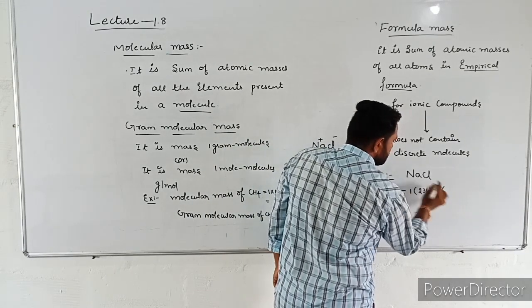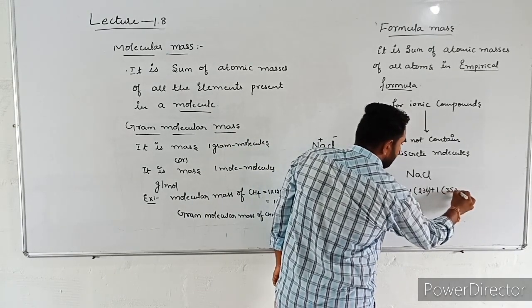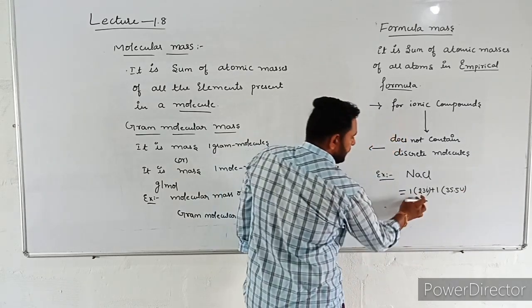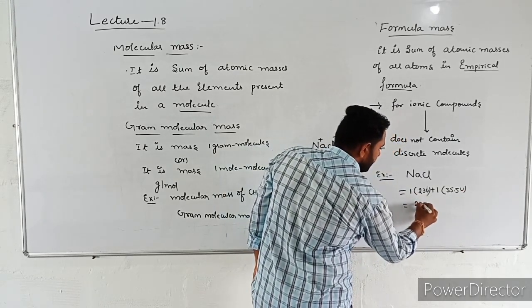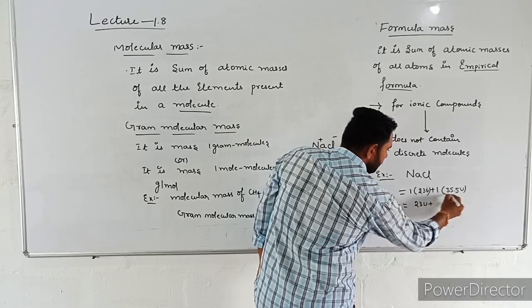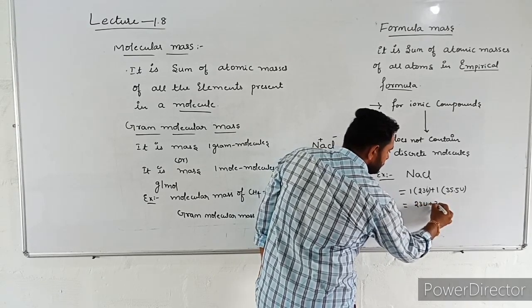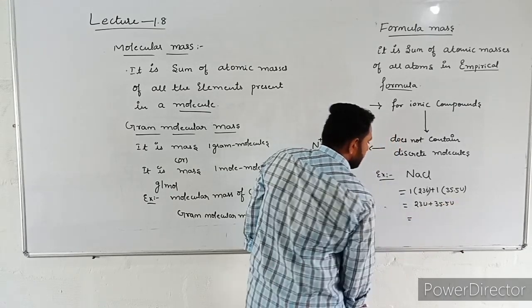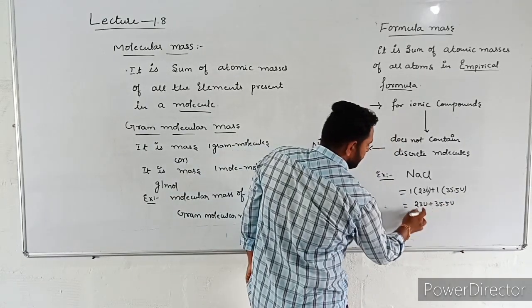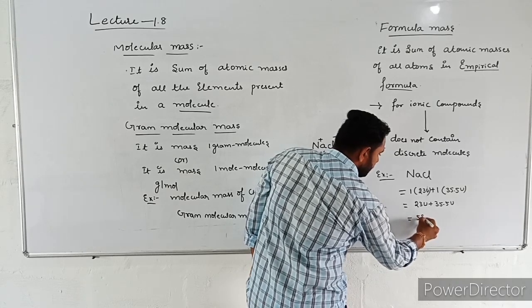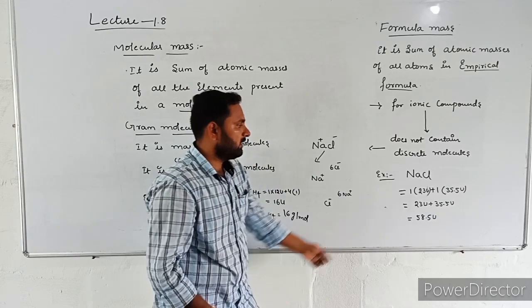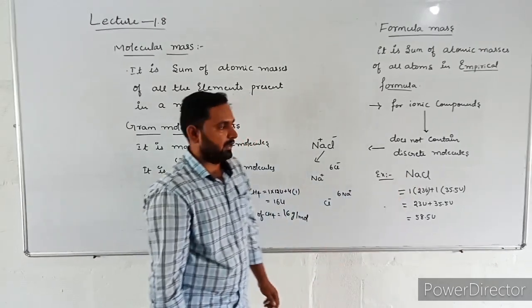What is the atomic mass of chlorine? 35.5 unified mass. Now you calculate: 23 into 1, 23 U, plus 35.5 into 1, 35.5 U. The total is 58.5 unified mass. This is the formula mass of sodium chloride.